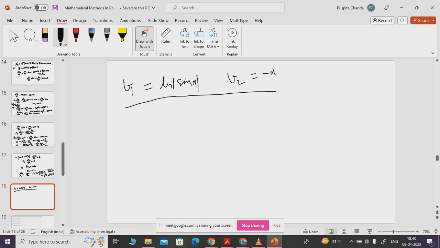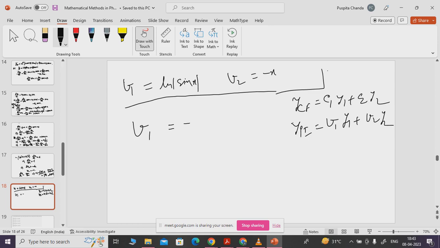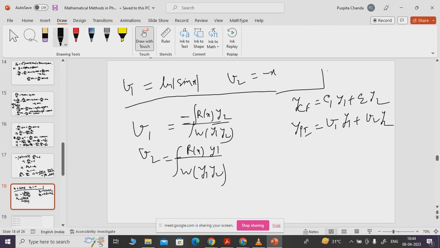If you want to keep it, it is good for a proper question, but for MCQ type of question, if you want to remember, if the complementary function is c1 y1 plus c2 y2 and particular integration we have assumed v1 y1 plus v2 y2, then v1 is equal to minus integral of rx y2 by Wronskian of y1 and y2, and v2 is integral of rx y1 by Wronskian of y1 y2.